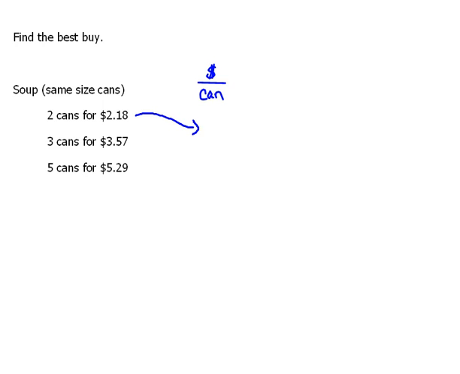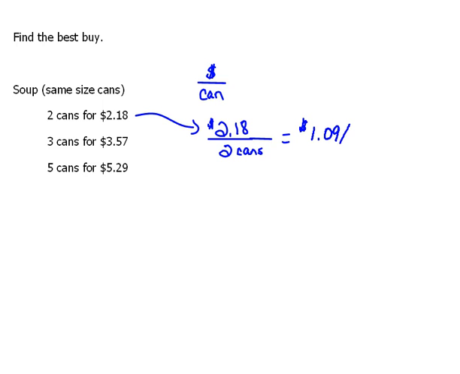For our first one here, if I want money per can, I'm going to write the $2.18 on top and 2 cans on bottom. And then we can let our calculator figure out what that would be. So if you take $2.18 and divide by 2, you should get 1.09.